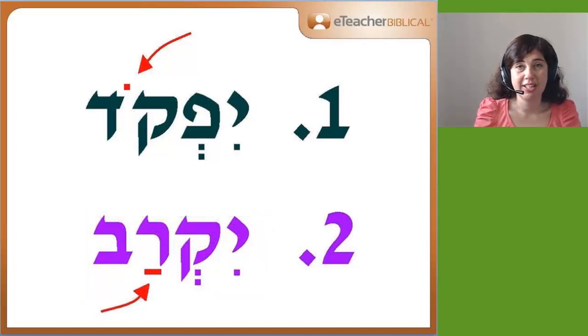The name yiqtol is given because the O form, the first form, is more common than the A form. You don't know so far which verbs go with O and which ones with A. We will learn it step by step in the near future.